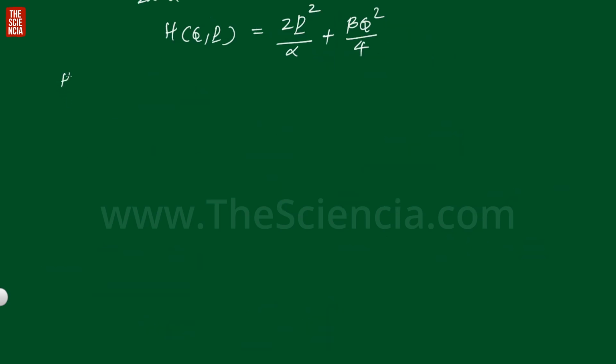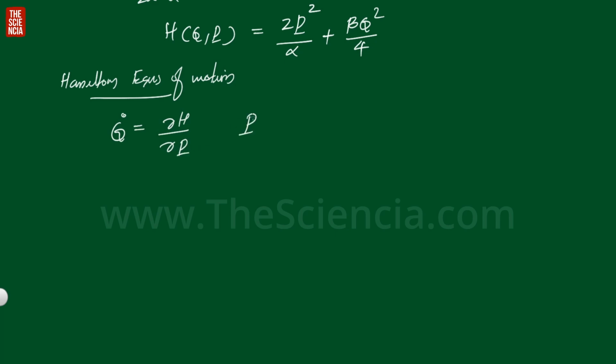Now we know Hamilton's equations of motion. That is Q dot is equal to dou H by dou P, and P dot is equal to minus dou H by dou Q. So we get Q dot is equal to dou H by dou P, that is 4P by alpha, and P dot is equal to minus dou H by dou Q, that is minus beta Q by 2.